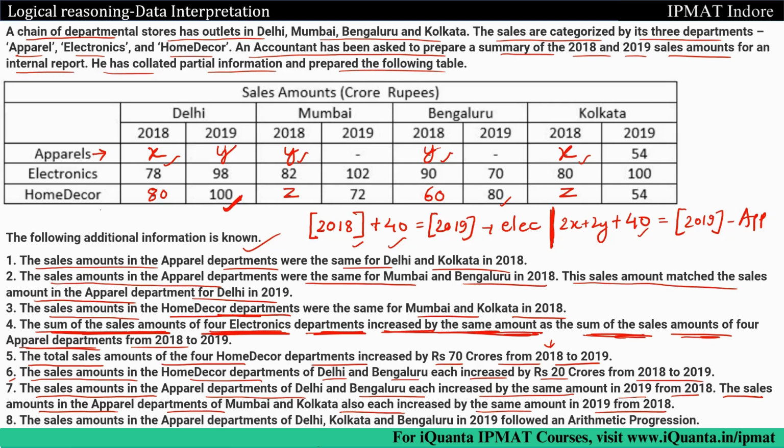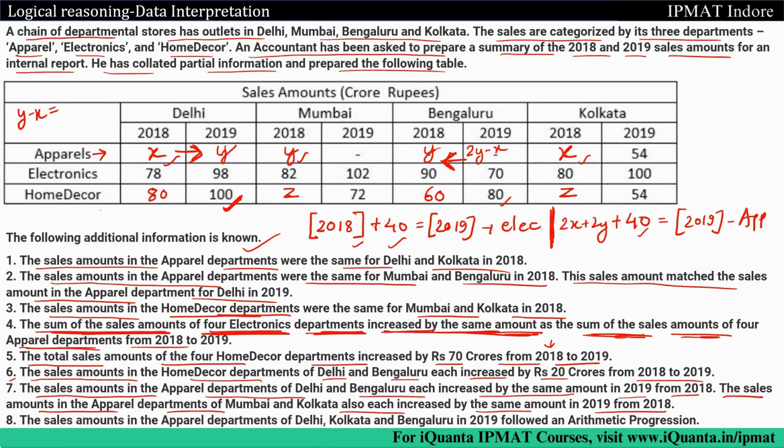So apparel in Delhi the increase is x to y, right? That means y minus x. This should be equal to the increase in Bangalore as well. So for Bangalore apparel, if the increase is y minus x over here, in Bangalore also the increase should be y minus x. So of course this will be 2y minus x, because if we decrease y from 2y minus x, we'll get the same change as y minus x.